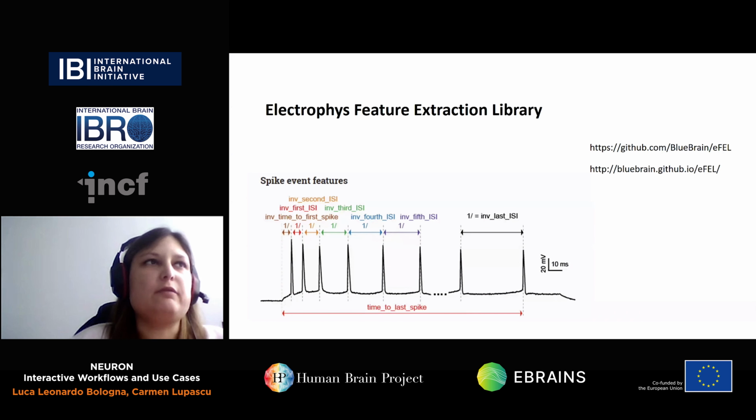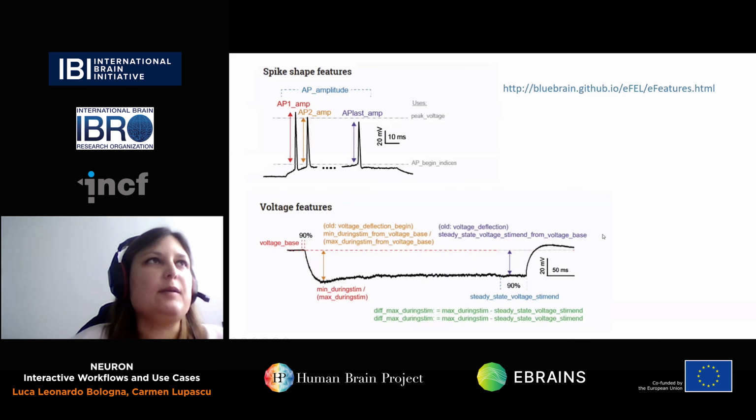So for example, spike event features like time to last spike, inverse inter-spike interval, and so on. Some spike shape features like the action potential amplitude, the peak voltage, and so on. Some voltage features like the voltage base, the steady state voltage, and so on.